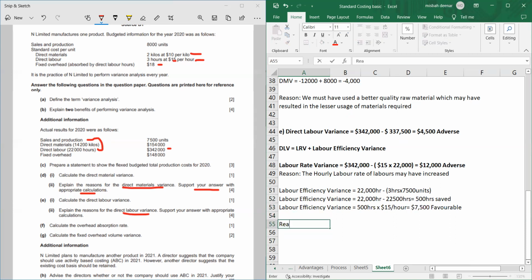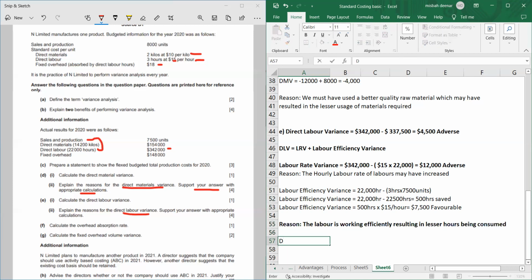Now the reason. The reason would have been that the labor is saving hours, so the labor is working efficiently, resulting in lesser hours being consumed.